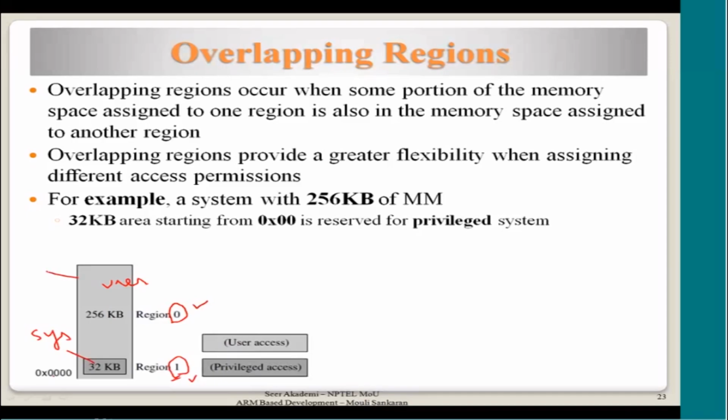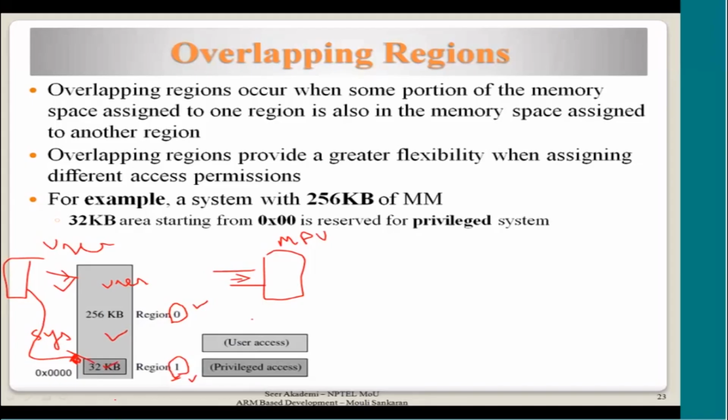So even if a user process is running, the ARM processor will be in user mode, correct? And it is generating an address to access this location by mistake or intentionally. The MPU will wake up. It's always awake. The MPU will look at it: I am getting an address which is overlapping with this region as well as this region.